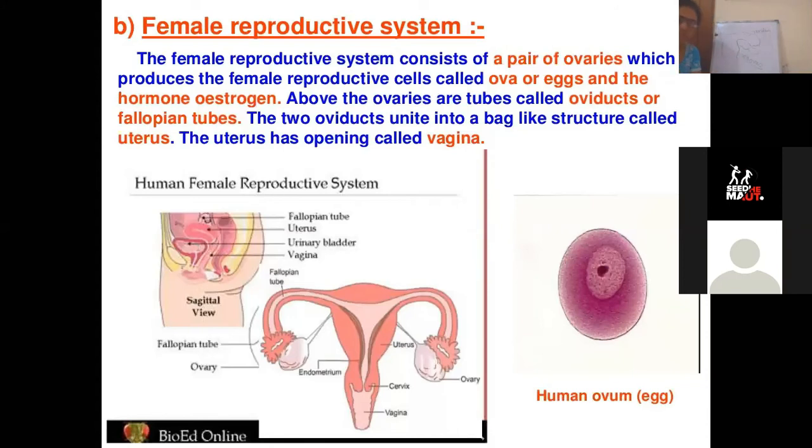It is a hollow pear-shaped structure, the bag-like structure. Once the fertilized egg, that is the zygote, travels to the uterus, it gets implanted into the uterine walls, right? The zygote develops into the embryo, and the embryo develops into the fetus in this pear-shaped organ which is known as the uterus.